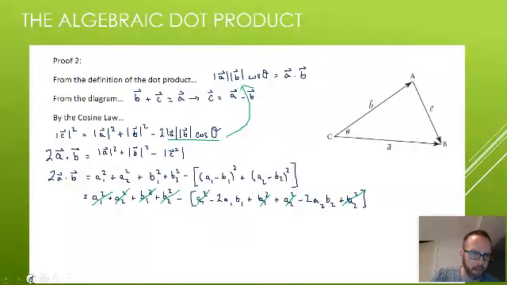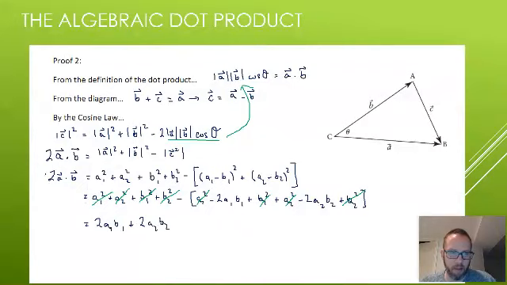And so what we end up getting is 2A1B1 plus 2A2B2. And remember the left-hand side here is still 2 times A dot B. When you divide everything by 2, you get A dotted with B equals A1B1 plus A2B2.